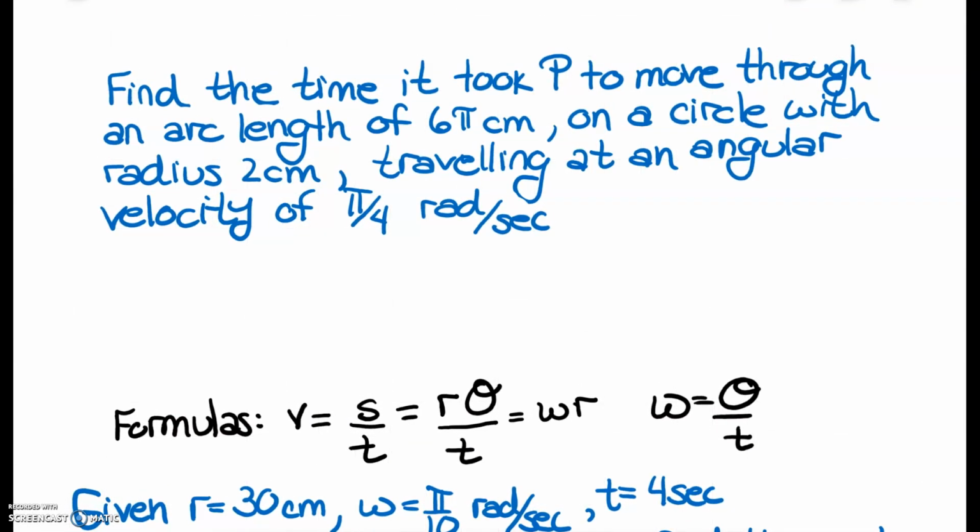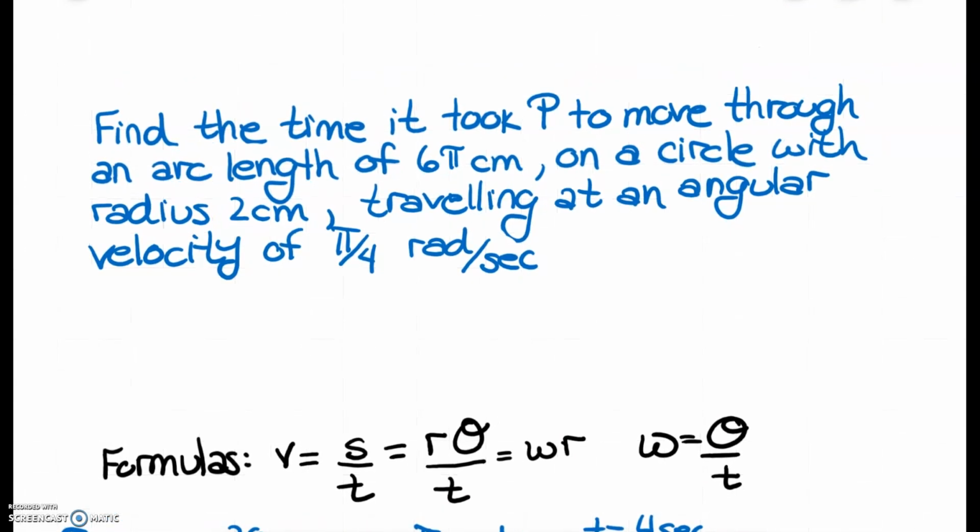I'm going to leave my formulas down here at the bottom of the page. It says, find the time it took P to move through an arc length of 6 pi centimeters on a circle with a radius of 2 centimeters, traveling at an angular velocity of pi over 4 radians per second. So let's take a look at what we are given. We are given that the arc length, which is s, equals 6 pi centimeters.